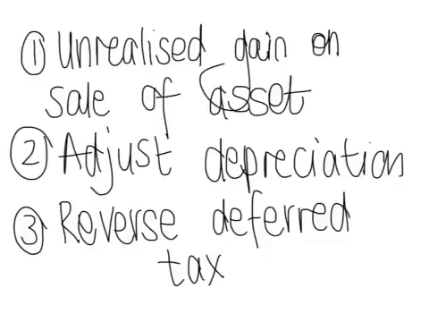As we make the adjustment to the depreciation, which represents the use of the asset, we have to reverse the deferred tax that we originally raised when we adjusted for the unrealized gain or loss on the sale. So it's three sets of adjustments that we need to do when we reverse the gain or loss on an asset sold between companies within the group.